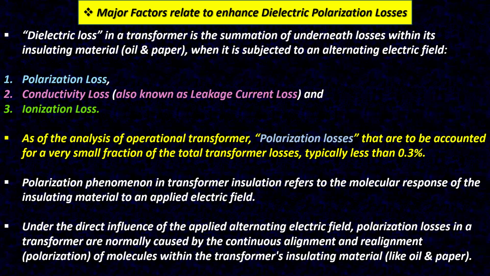Conductivity loss, also known as leakage current loss, and ionization loss. In the analysis of an operational transformer, polarization losses account for a very small fraction of the total transformer losses, typically less than 0.3%.